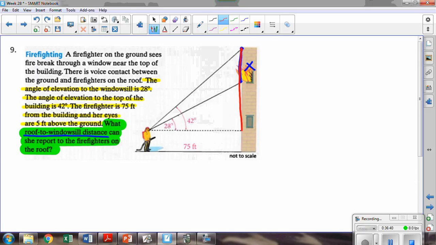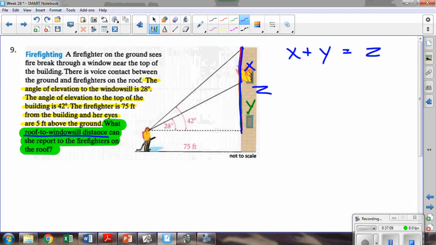And so we can call this piece Y and the entire length Z. So we're observing X plus Y equals Z. So the top piece plus the bottom piece equals the total length.